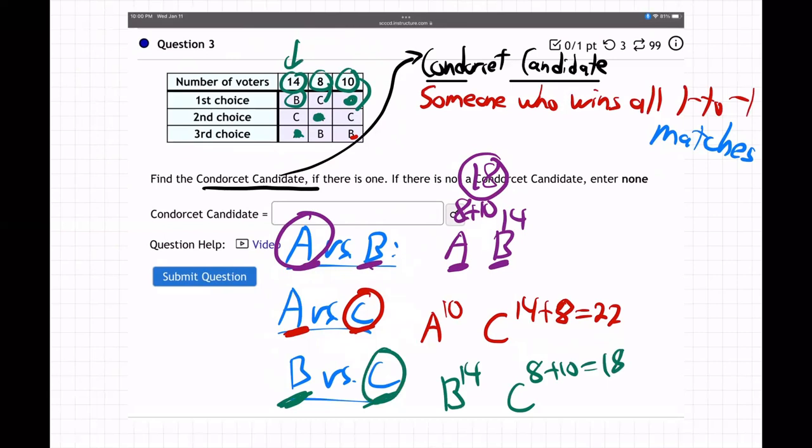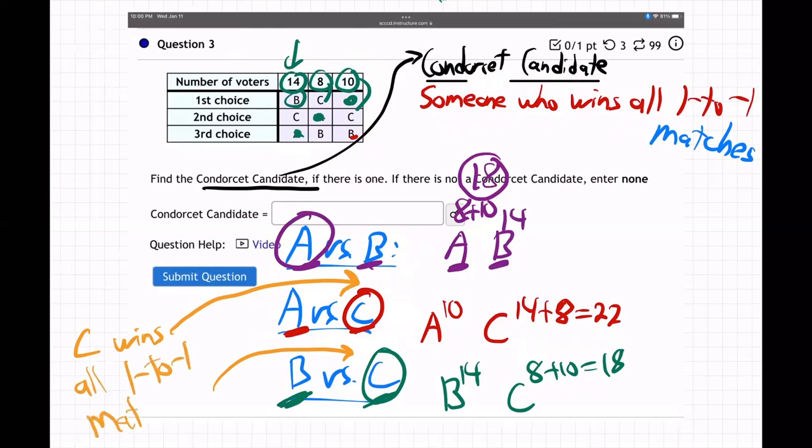So here's the question. Is there a Condorcet candidate? Meaning, is there somebody who beats everybody else in all their one-to-one matches? Yes. C. Do you see that? C won both his matches. So C wins all one-to-one matches.